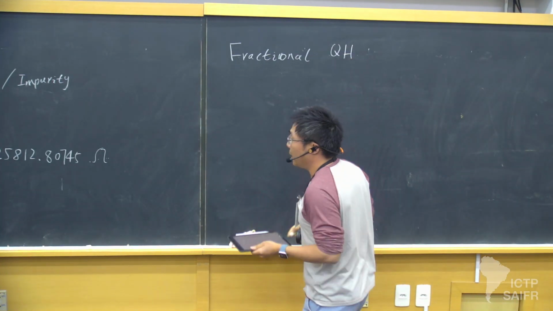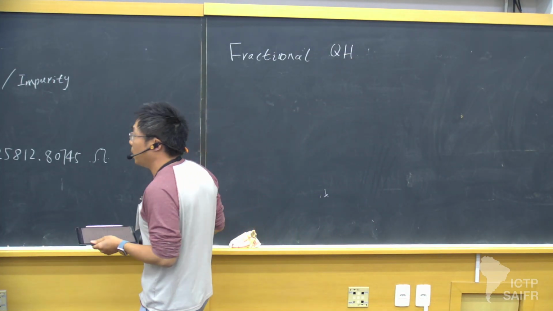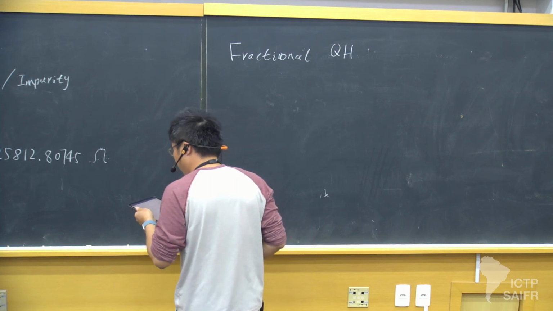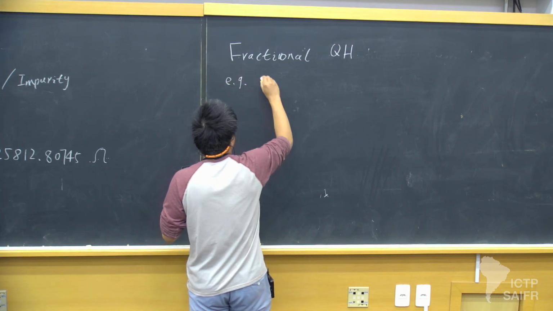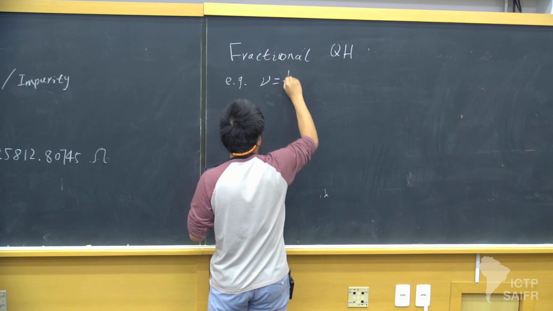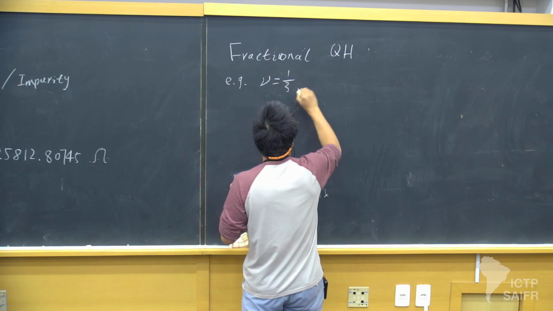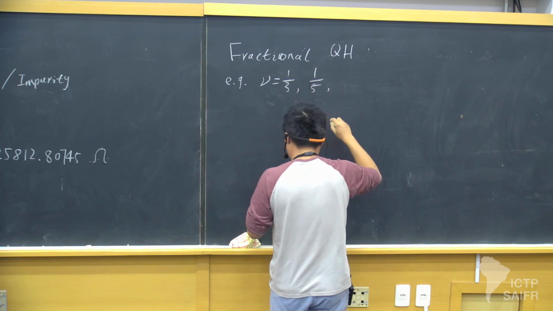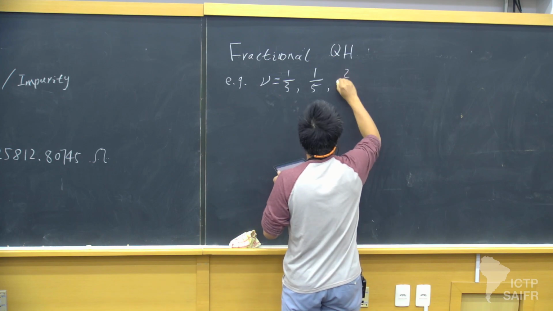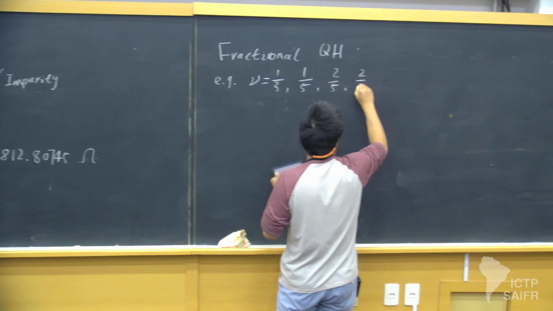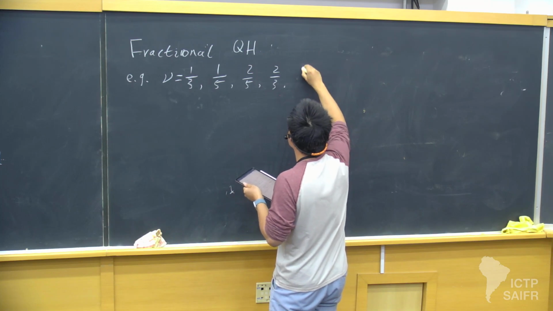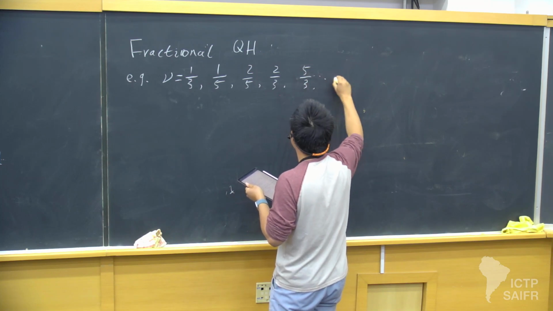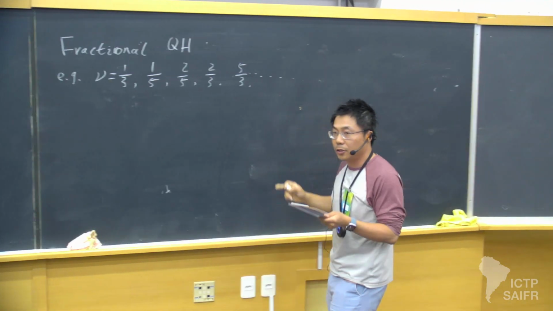I still get those quantized plateaus, but now those filling factors become fractions. For example, I can get the 1/3 state, the so-called 1/5 state, 2/3, 2/5, and so on. You can also get some filling factors that are larger than 1. You get a bunch of fractions.